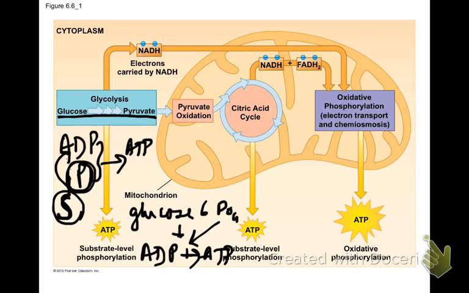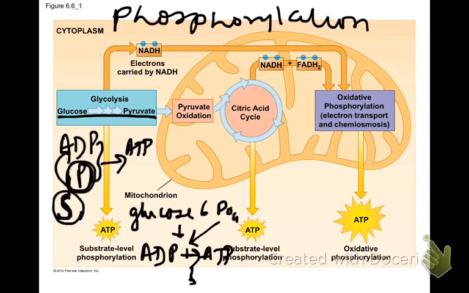This form or method of making ATP is basically called phosphorylating. Okay, or addition of a phosphate group. Okay, phosphorylation.